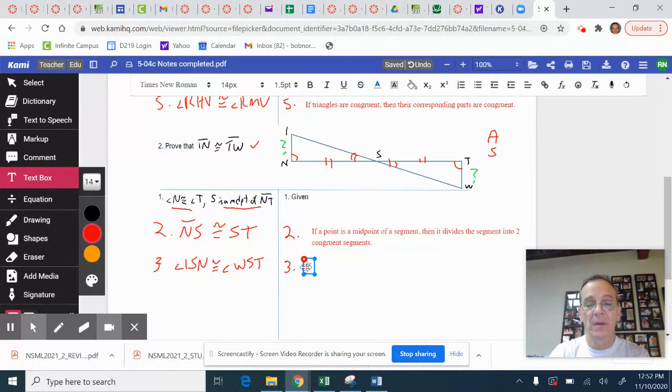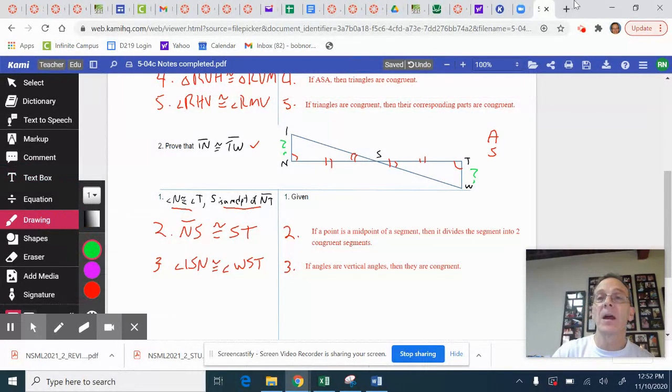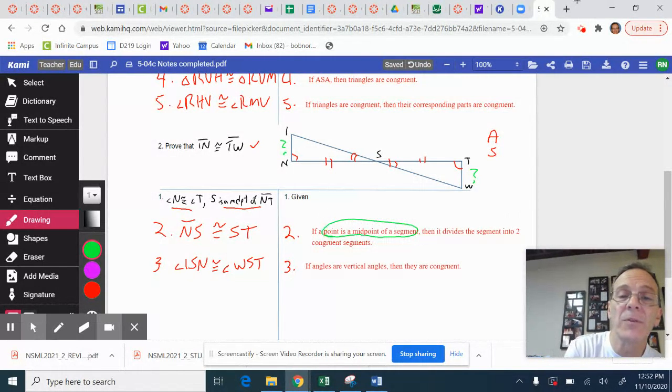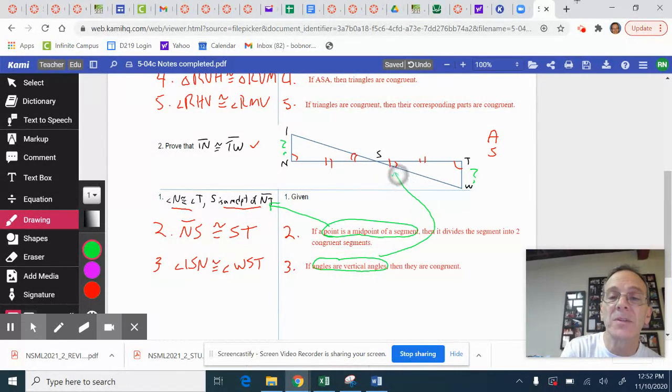If angles are vertical angles, then they are congruent. Okay. I remind you, every hypothesis of every reason needs to be connected to a previous statement, or in just two special cases, they can be connected to something that we see in the diagram. Okay.